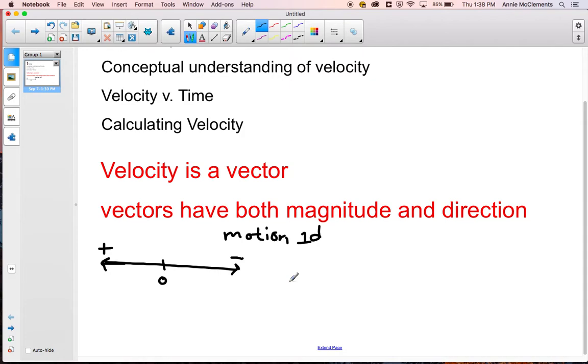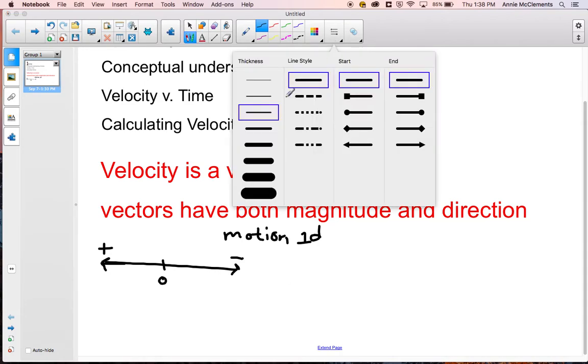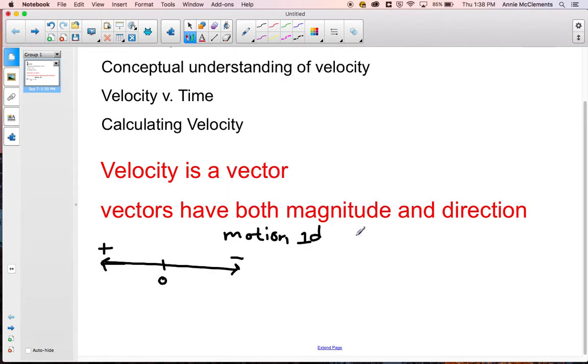All right? So, backing up a sec, right, we talked a little bit about speed a few classes ago. We came to the conclusion, right, that speed can be calculated by dividing the distance traveled, right?